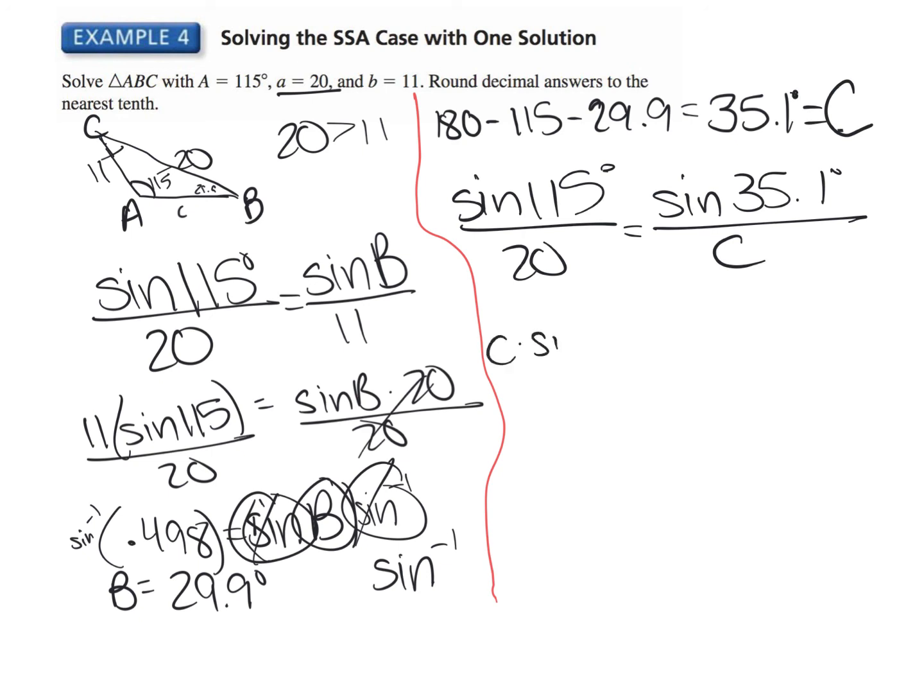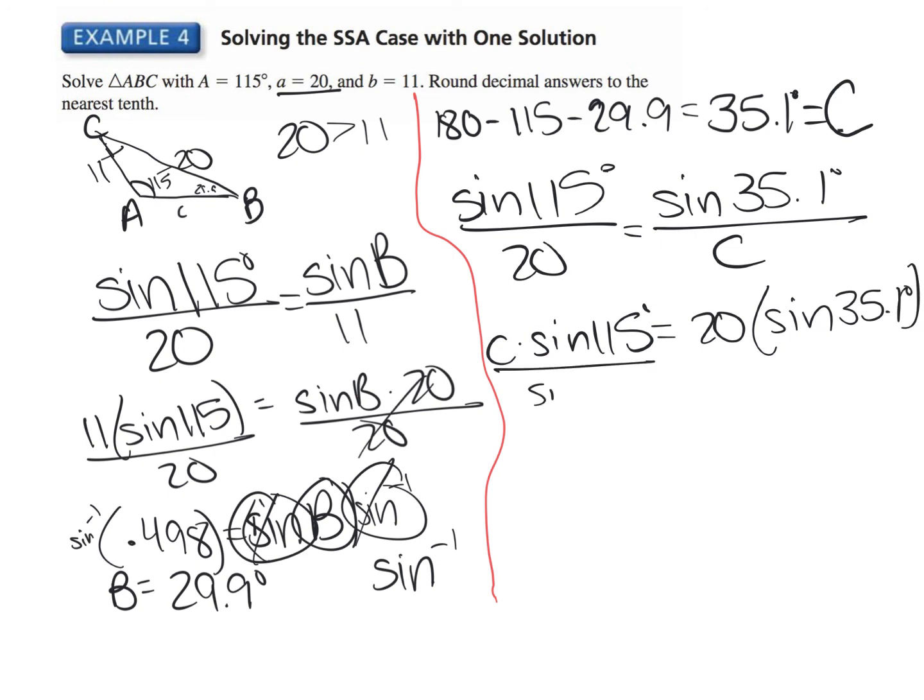So c times sine 115 equals 20 sine 35.1, divide by sine 115. And c equals, or approximately equals, 12.7 units. And those are our three missing pieces.